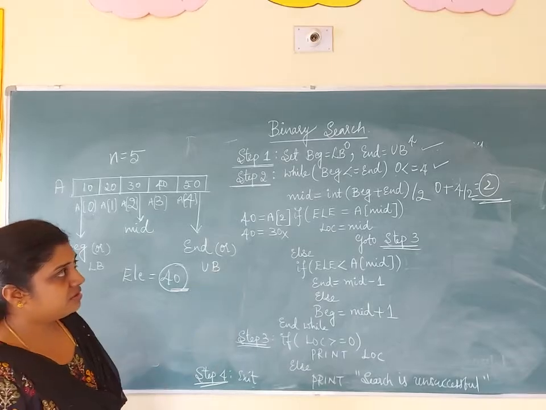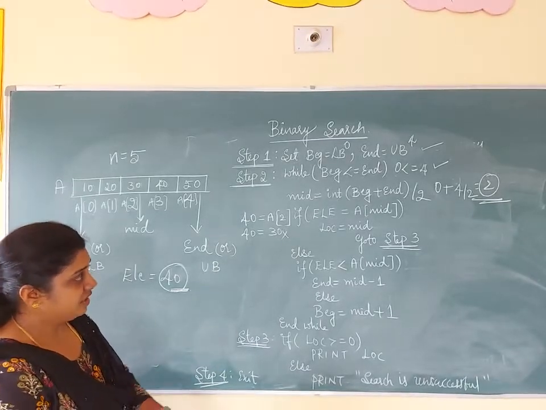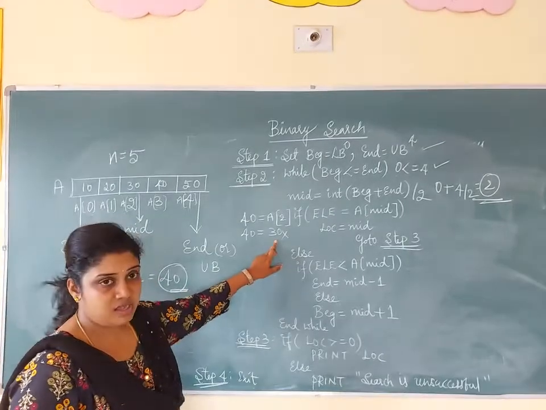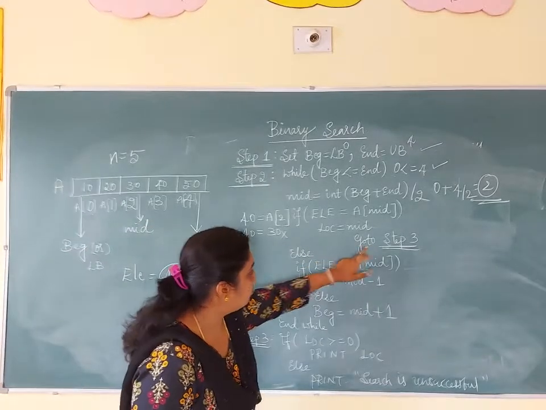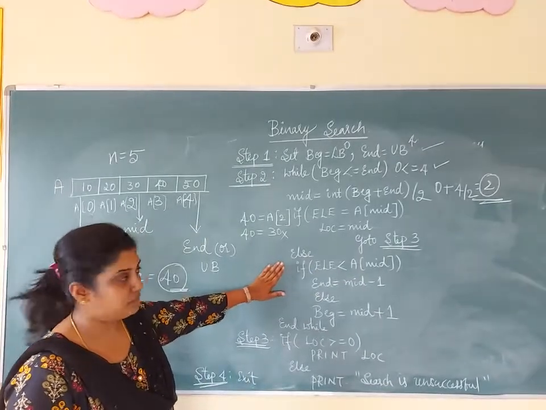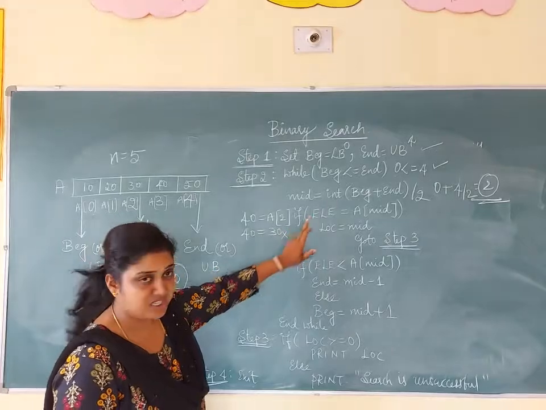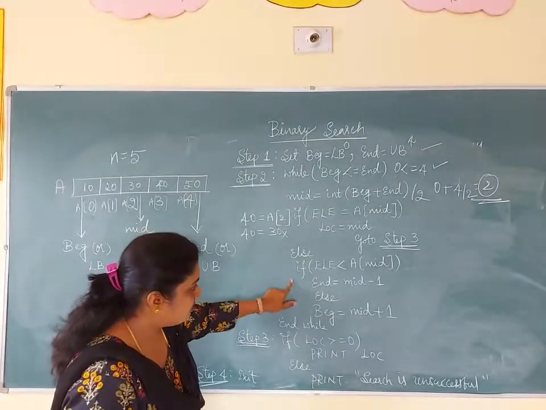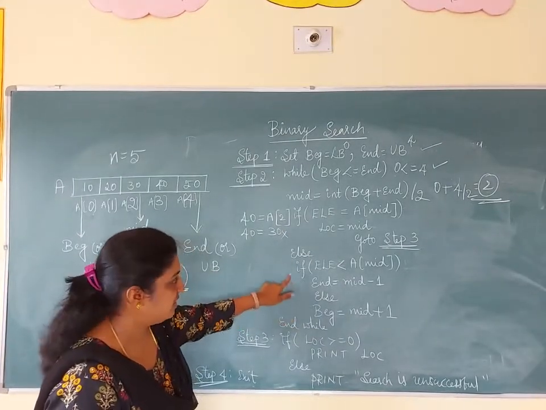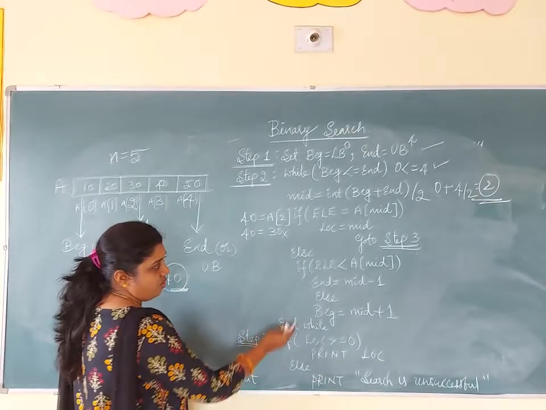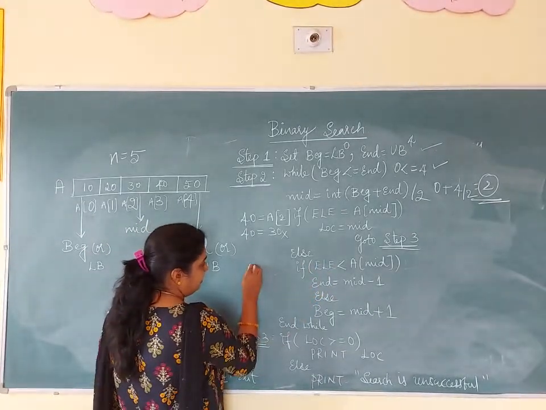If the condition is false, what will happen? It will come to the else part. If the condition does not satisfy, it comes to, see, this is your else part. Now, element: which element do I want to search?